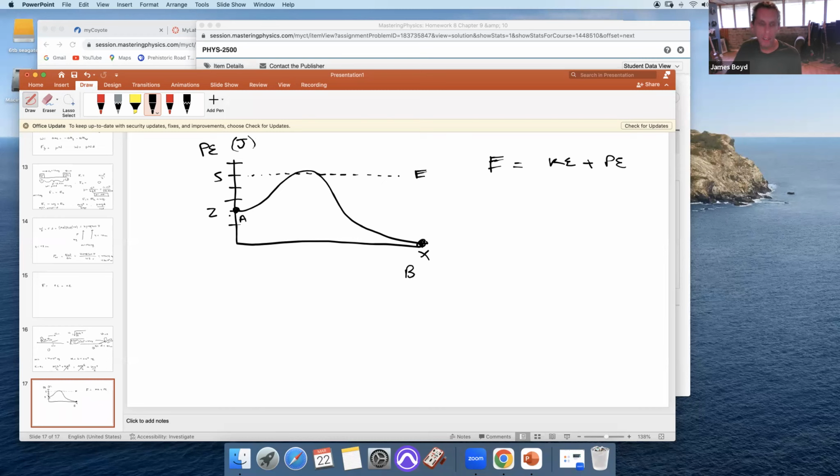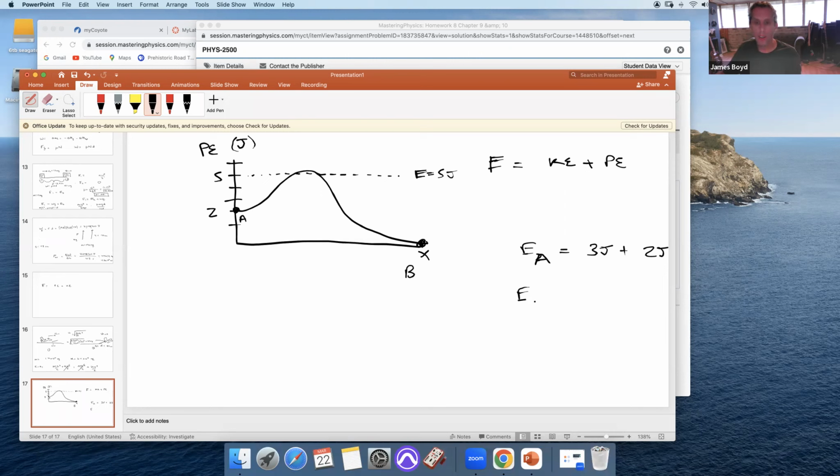Now at A, it's going to have kinetic plus potential. At A, the potential energy is 2 joules. We can see that because that's where it is at A. So the kinetic energy would have to be 3 joules, assuming that my energy was 5 joules to begin with.